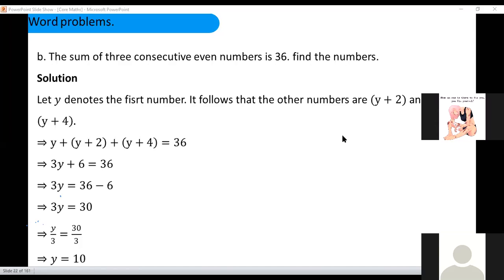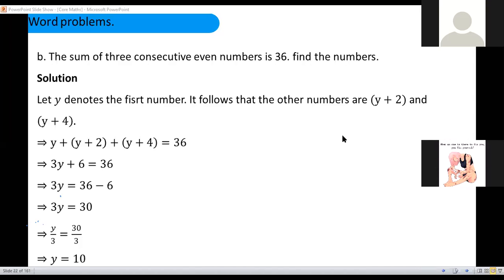What if we use the set of even numbers 2, 4, 6, and let x represent the consecutive numbers? It will be (x plus 2) plus (x plus 4) plus (x plus 6) equal to 36. Yes, it's the same thing.